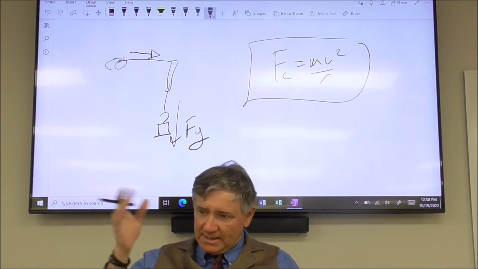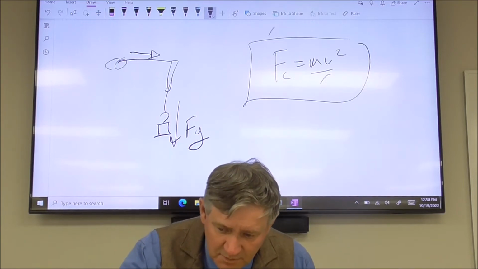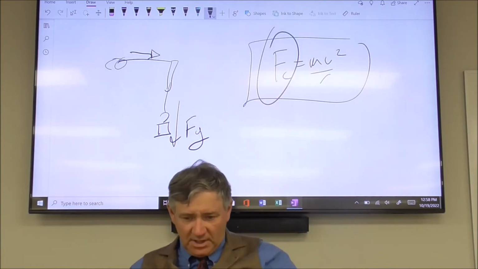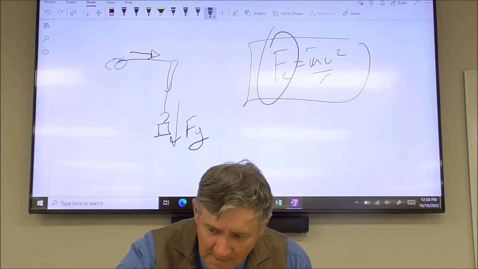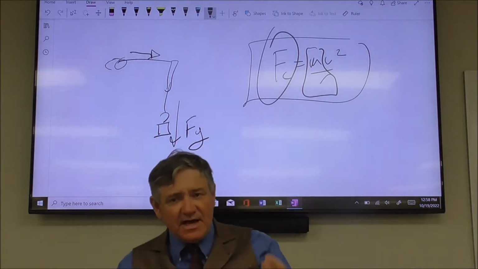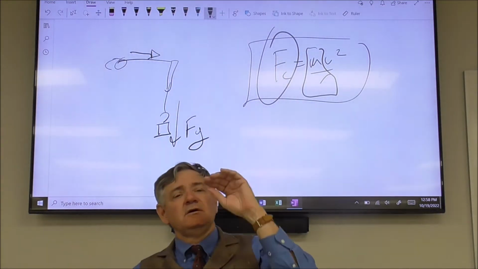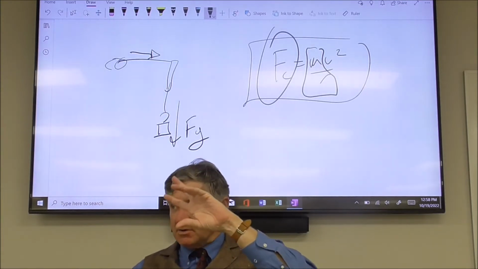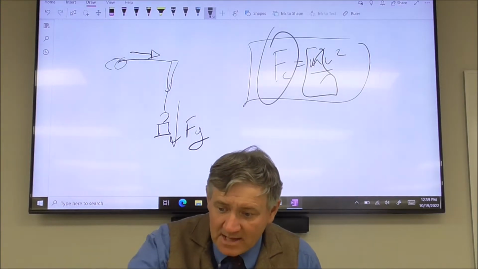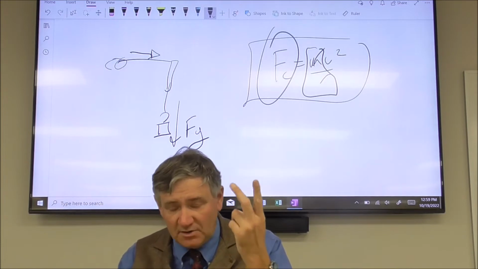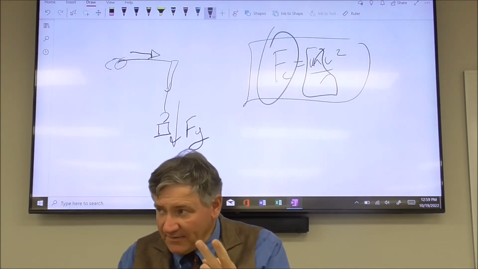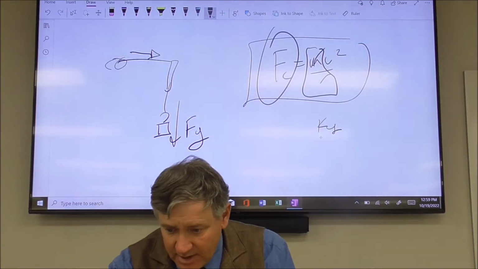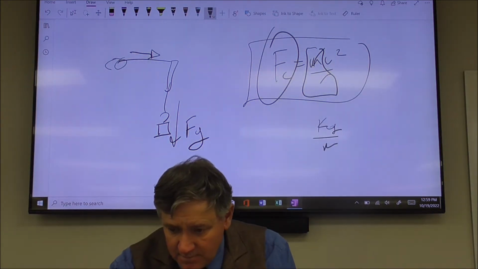So here's the main idea. On trials 1 through 4, you made the centripetal force get bigger. Mathematically, the mass of that stopper and the radius are fixed values. Those are constants. So mathematically, you could take the mass of your stopper, divide that by 0.8, and get a value that has some weird units of kilograms per meter.